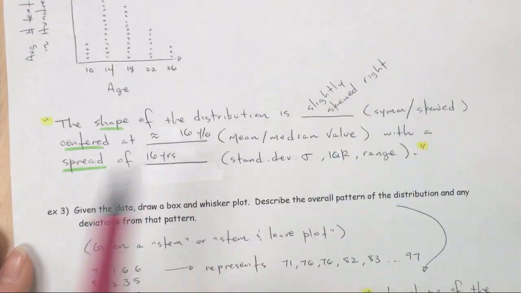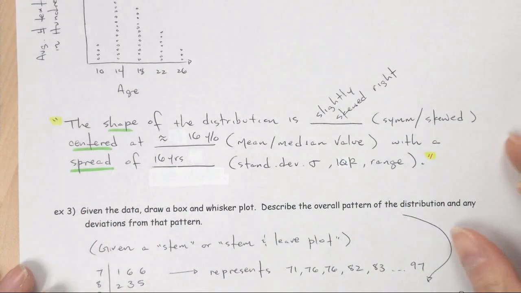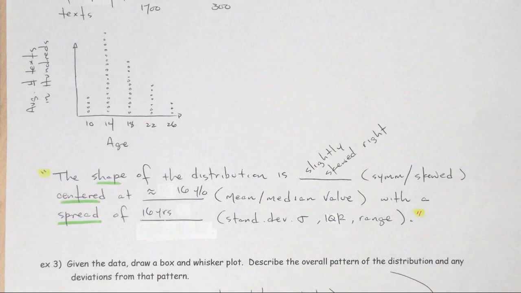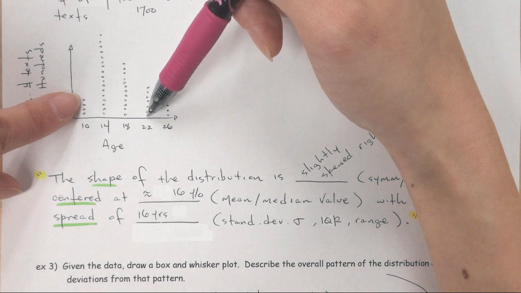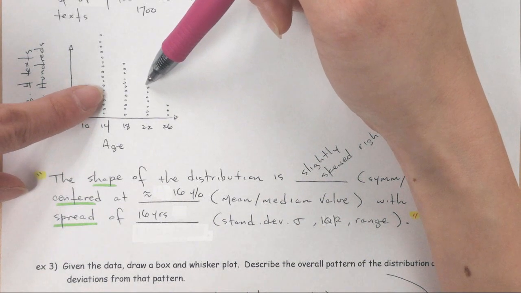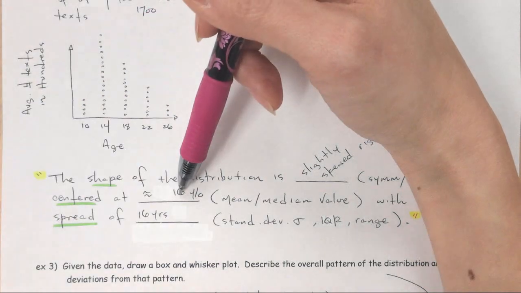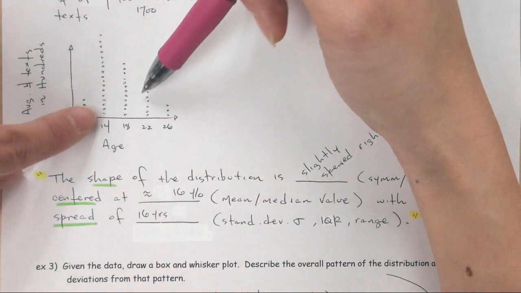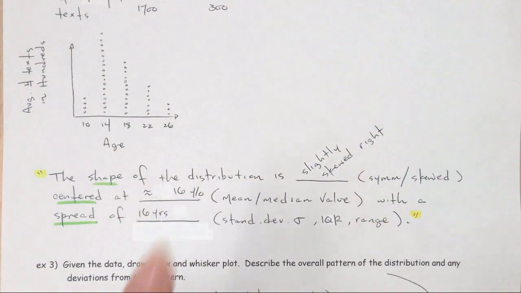Okay, the center is at approximately, really you have to count to the center. So when I look at this and I count to the center, I'm going 1, 2, 3, 4, and then 1, 2, 3, 4, 5, like here. And then somewhere right in the middle would be 16. So you're counting to the middle of the dots basically, which would be right here. So 16 years old.